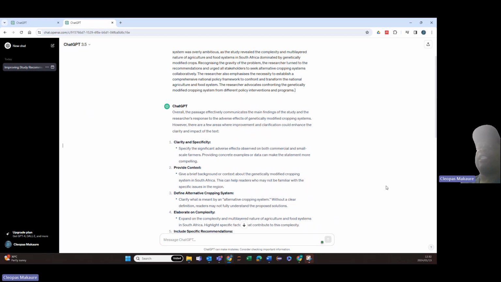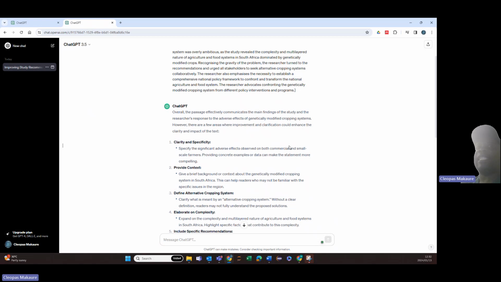However, that is now the observation. However, there are a few areas where improvement and clarification could enhance the clarity and impact of the text.